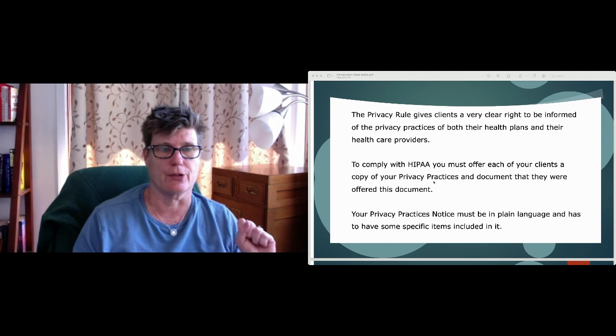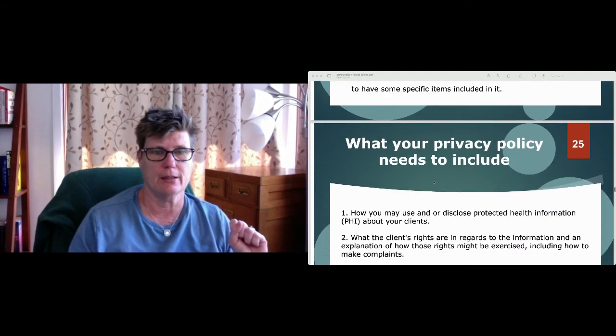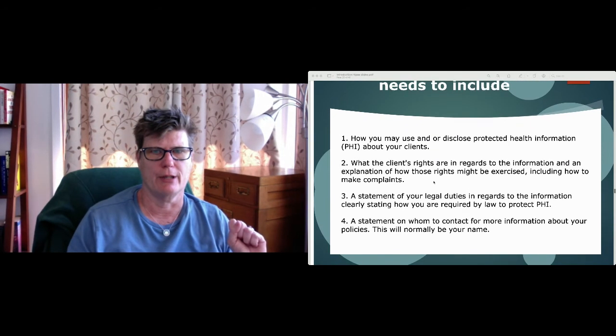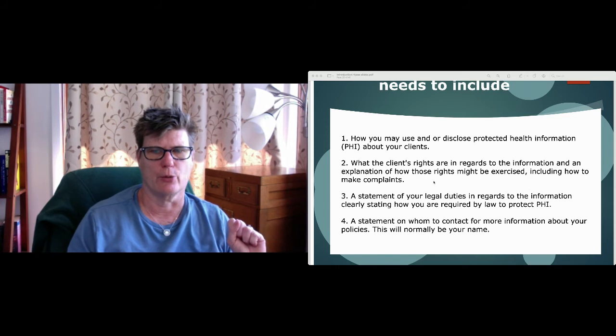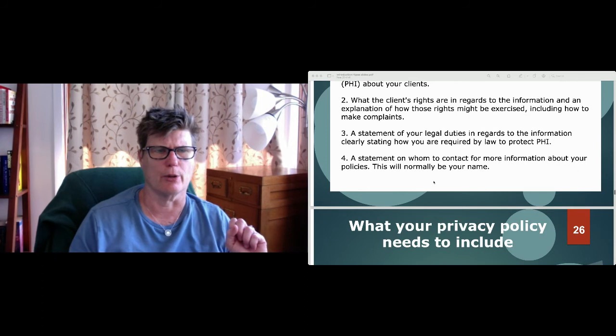Your notice must also be in plain language, and it needs to have some specific items in it. So your privacy policy needs to include how you may use or disclose protected health information, what the client's rights are in regards to the information, and how they can exercise those rights, including how to make a complaint, a statement of your legal duties in regards to the information, a statement on who to contact for more information about your policies. That's normally going to be you in a sole proprietor practice.